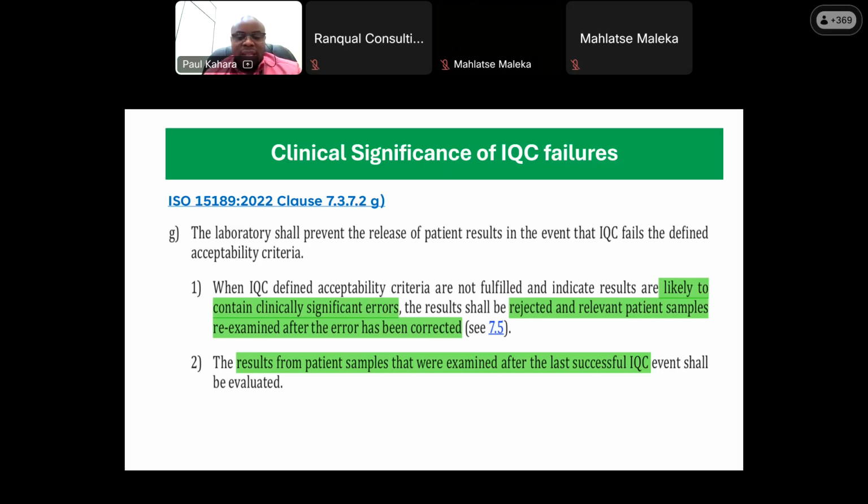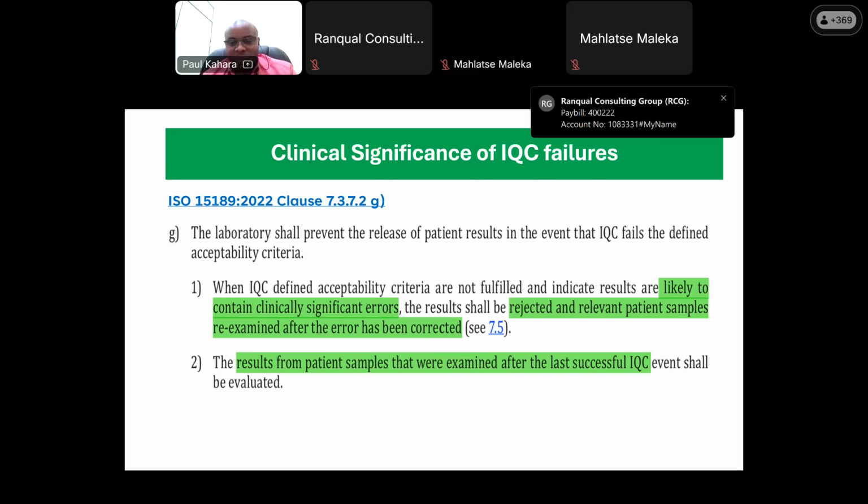This is what I was saying: assuming you do an IQC today and it fails, of course we go ahead and troubleshoot where the failure happened, and initiate a correction and a corrective action. Very good. But now the standard requires that we go back and ask ourselves, because the last time we did an IQC was yesterday morning, and yesterday it was passing, but today in the morning it is failing. When exactly did the problem begin?